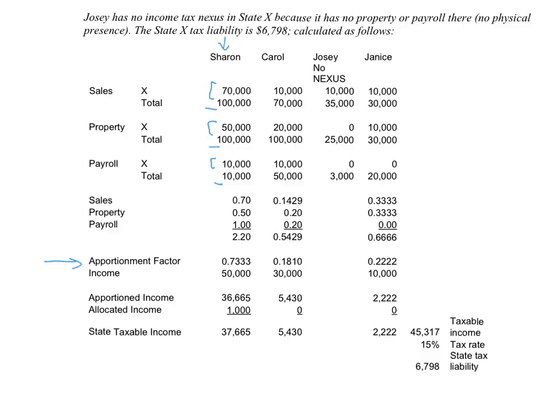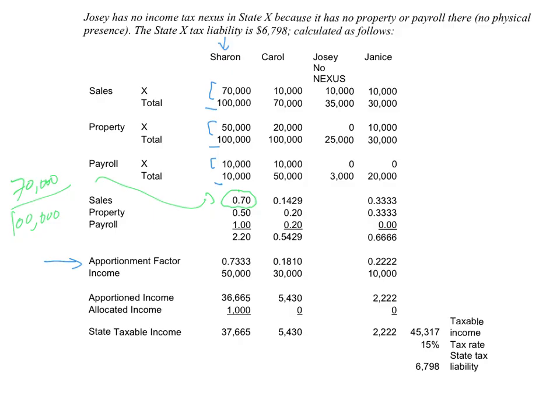Now the next step is to look at the percentage of sales in state X for Sharon Corporation, because that's the entity we're working on. Where does this 0.7 come from? Sales in state X were 70,000, and our total sales are 100,000, so that ties to 0.7.